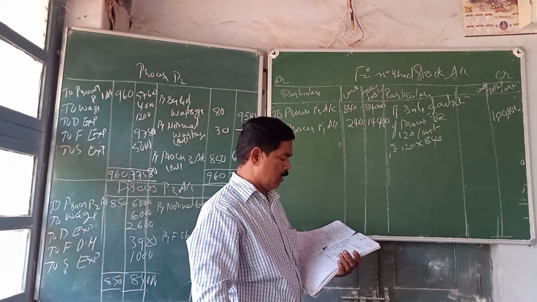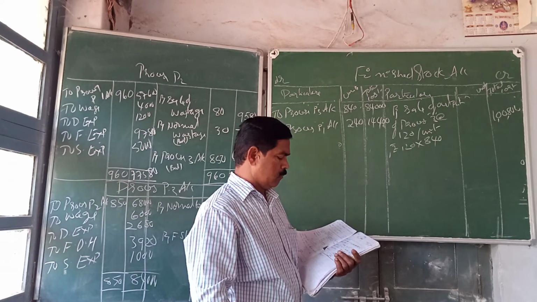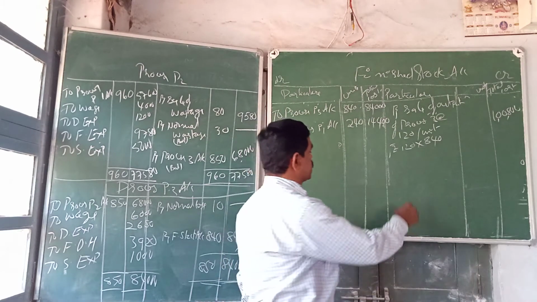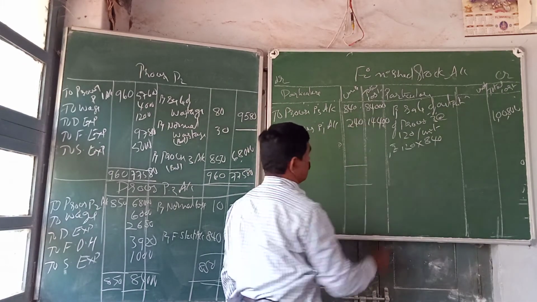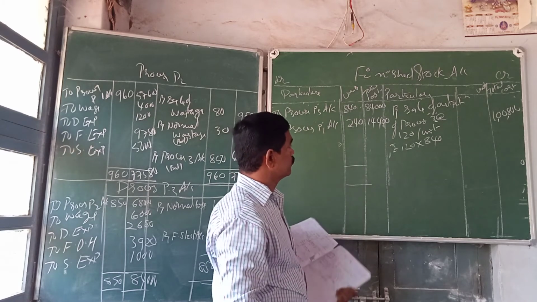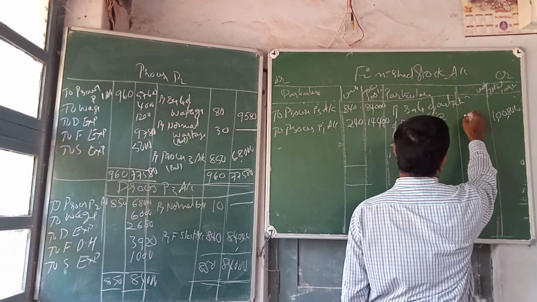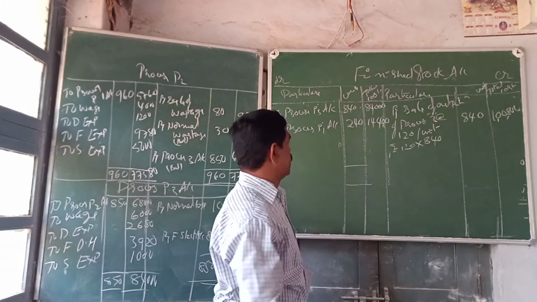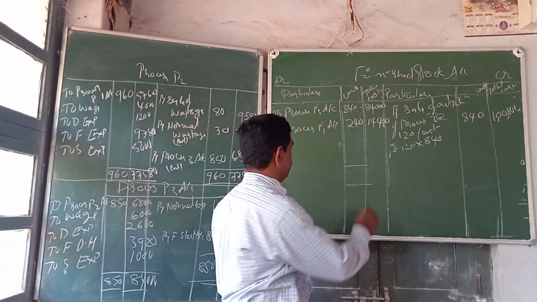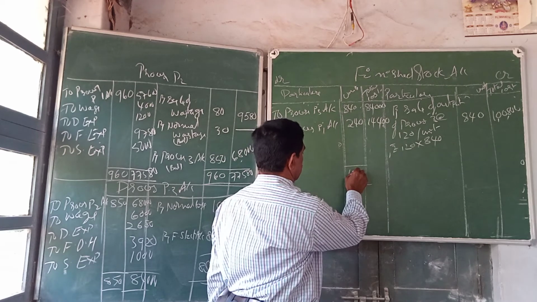Then by balance. First of all, take the units. Units how much? 840 plus 240, 1,080.